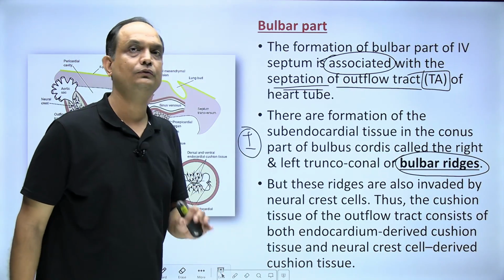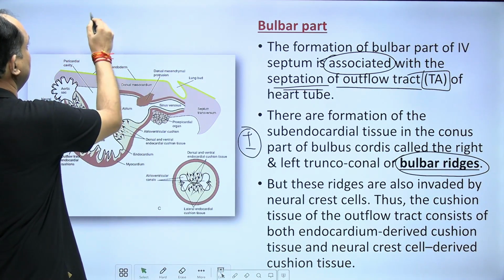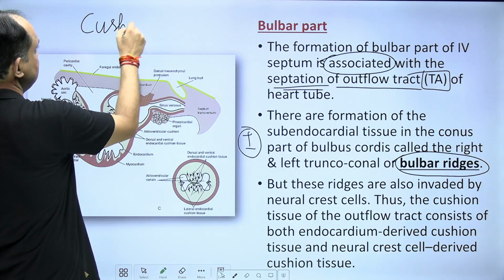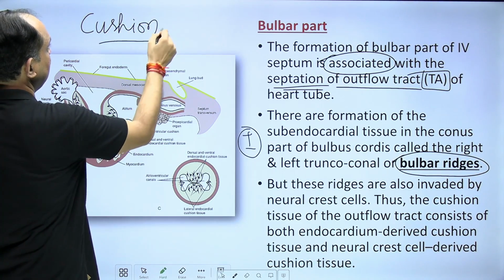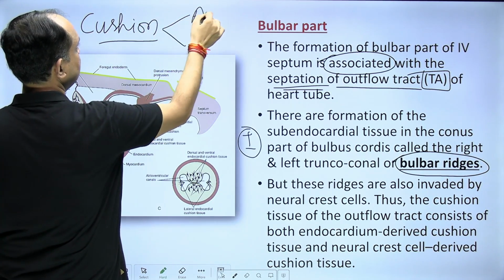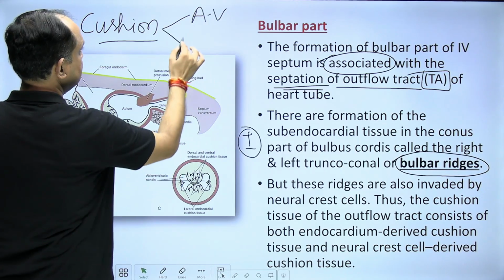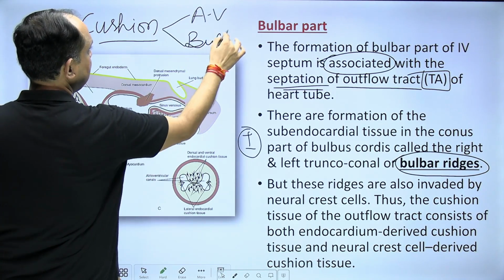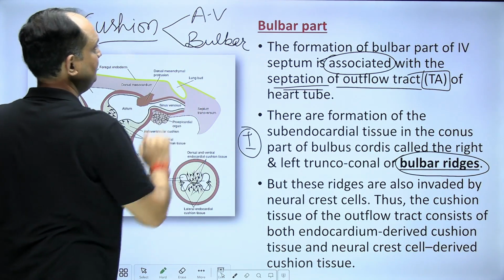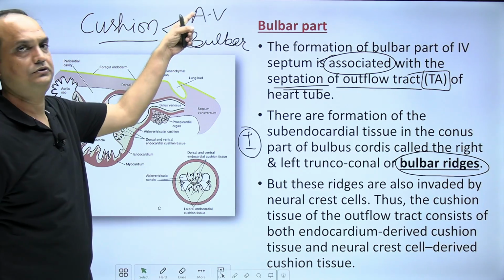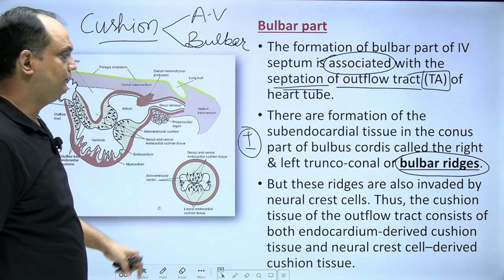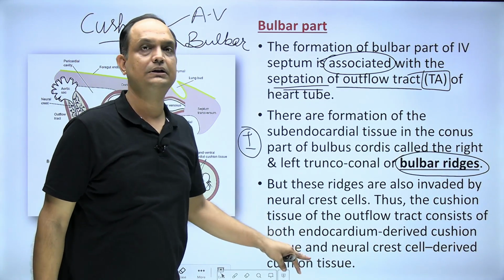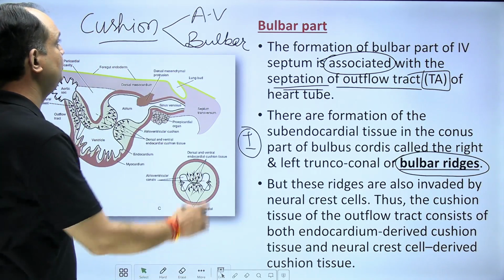So here you have to first understand that when we are talking about the cushions inside the heart tube, there are two cushions. One is known as the AV cushion, another is known as the bulbar cushion. And these bulbar cushions have some difference from the AV cushion. Now what is the difference? Generally the cushions develop from the endocardium.